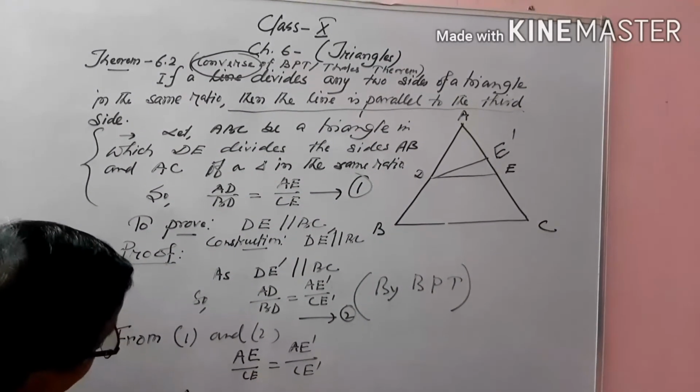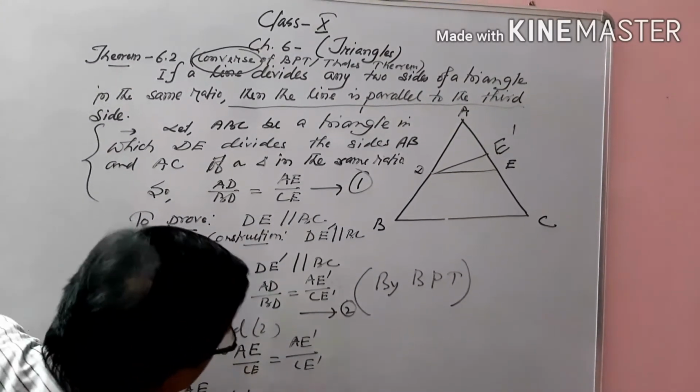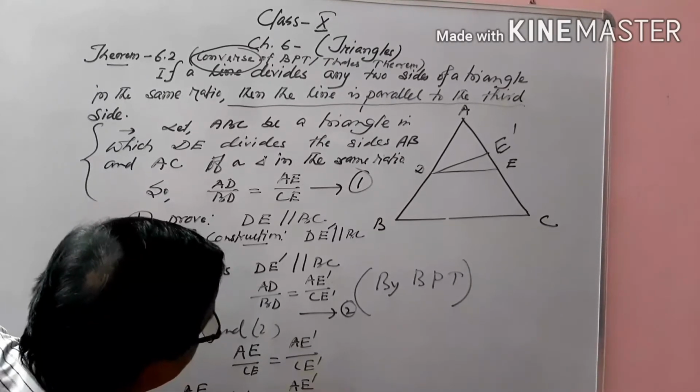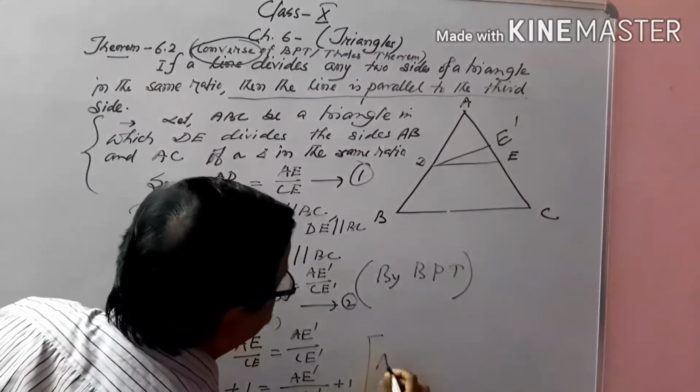Now add 1 to both sides: AE by EC plus 1 and AE dash by E dash C plus 1.